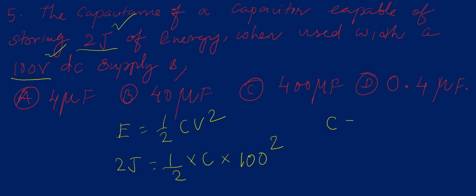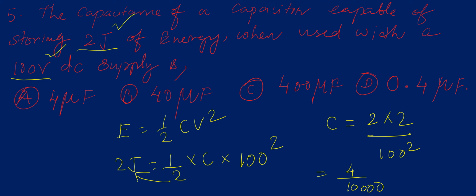From this we will get C as 2 into 2 divided by 100 square, or you can write it as 4 by this much, or when you multiply by 100 by 100 you will get 400 microfarad. So the correct option is option C.